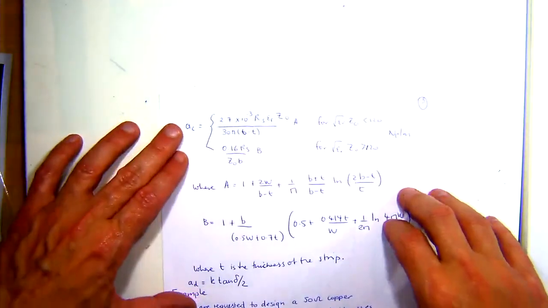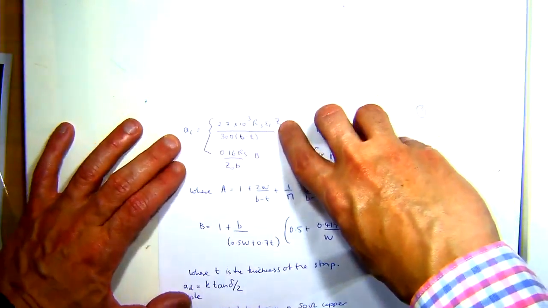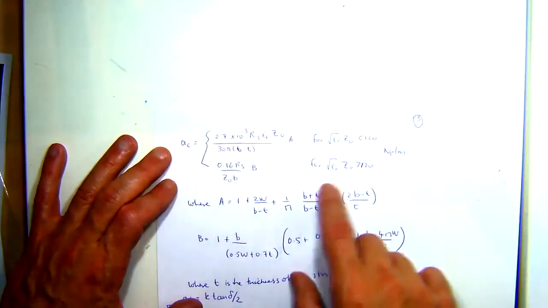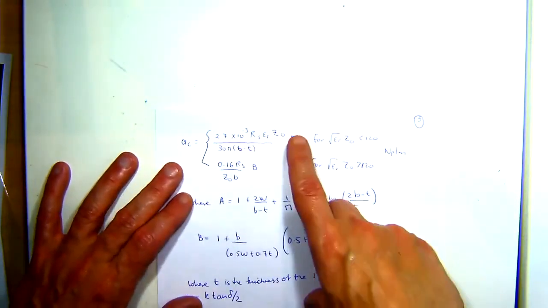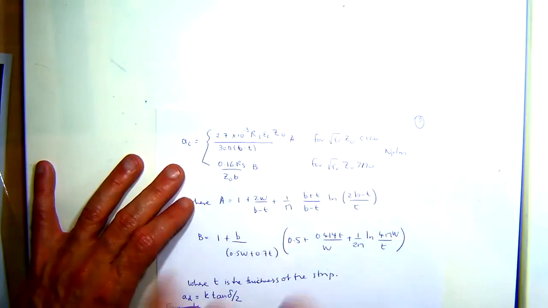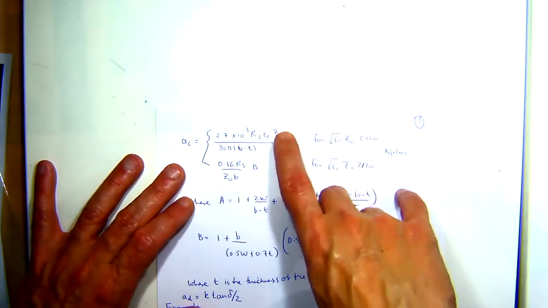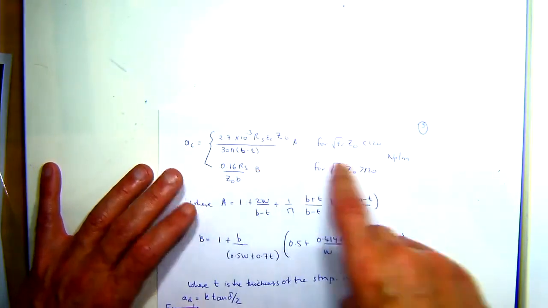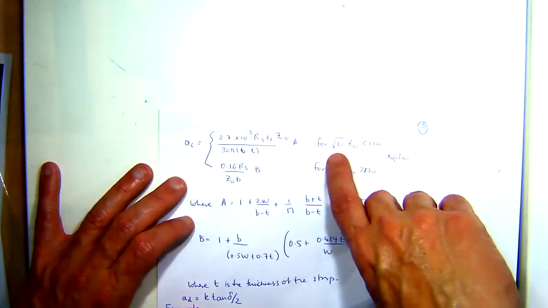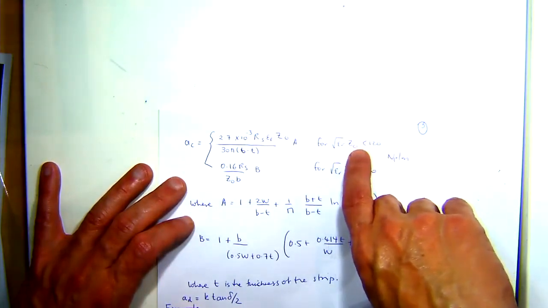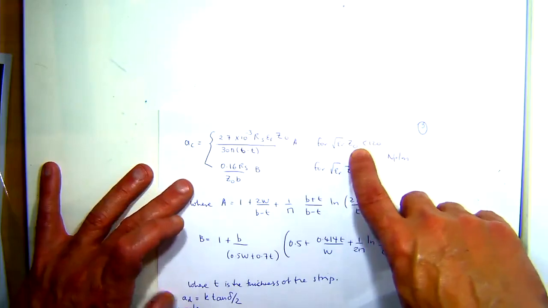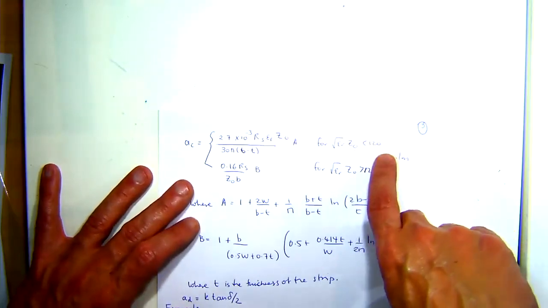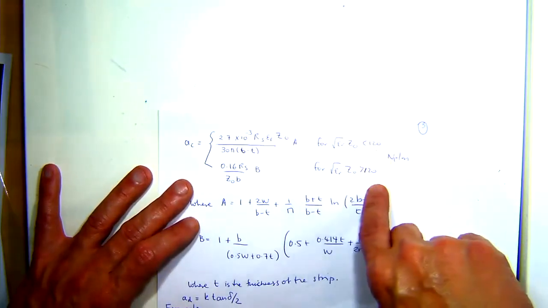And likewise, we determine the conductor loss. There's a complex formula here for the conductor loss in terms of A and B, and we use different formulae depending on whether the square root of the permittivity times the characteristic impedance of the line is less than 120 or greater than 120.